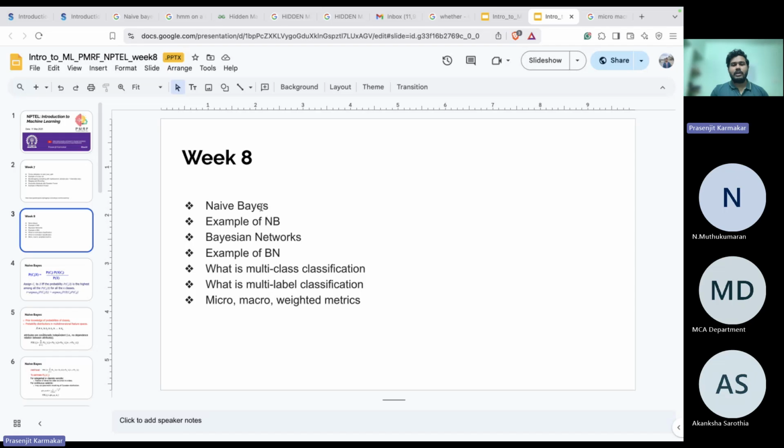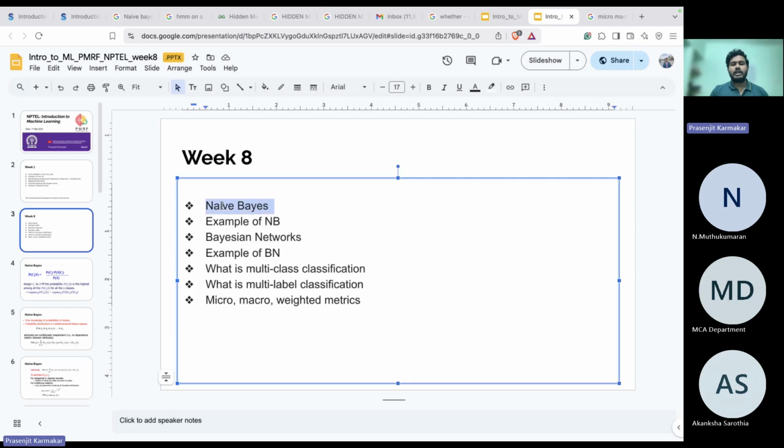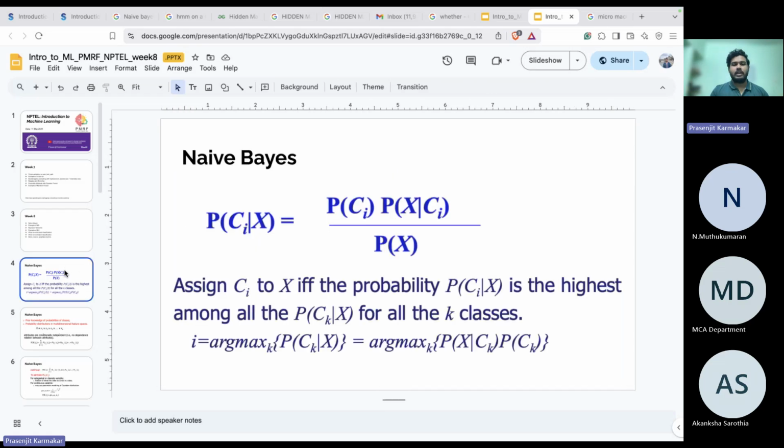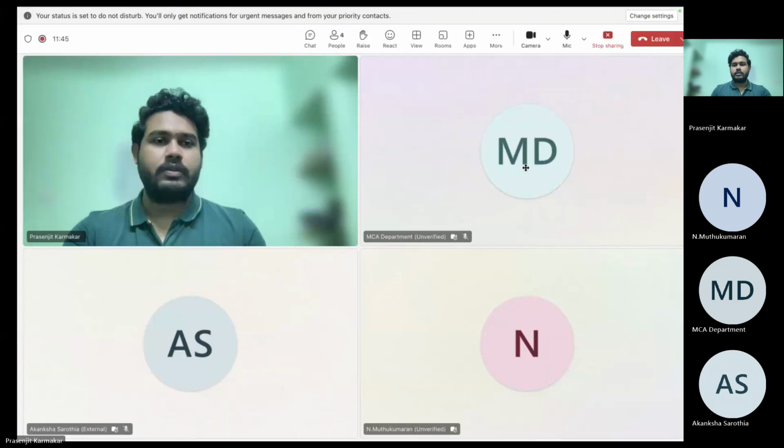So let's start with the naive Bayes classifier, because this is the simplest classifier that we can build with a Bayesian approach. I guess you already know what the naive Bayes theorem is.